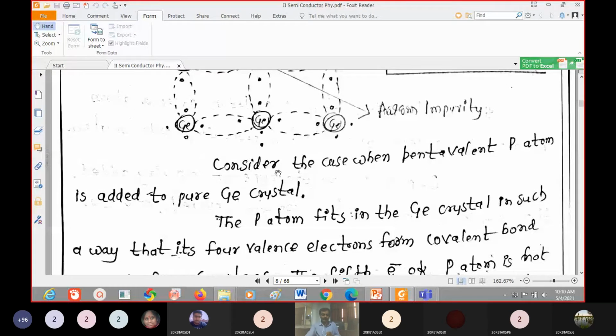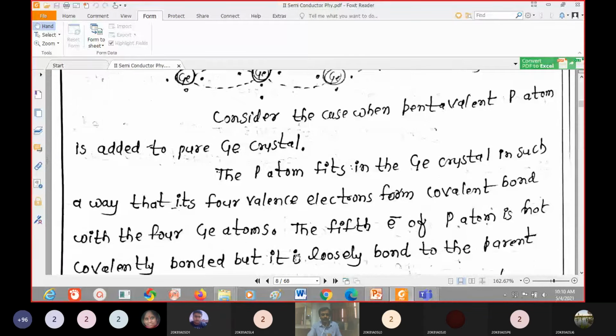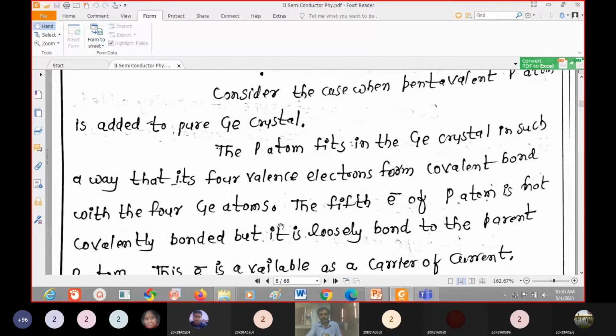Okay, now once again I will revise through the matter. Consider the case when a pentavalent phosphorus atom is added to a pure germanium crystal. The phosphorus atom fits in the germanium crystal in such a way that its 4 valence electrons form covalent bonds with the 4 germanium atoms.